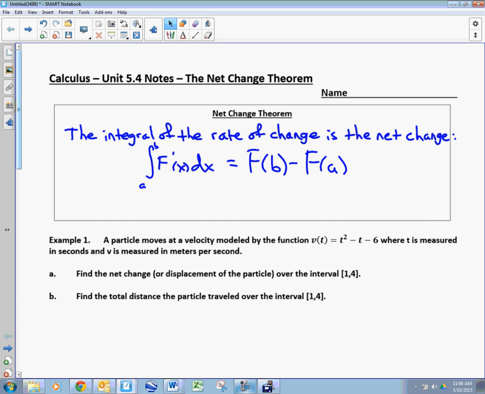So what's a very common rate of change that you use every day in your lives? Miles per hour, so velocity. If we were to consider the integral of the velocity function, what do you take the derivative of to get velocity?